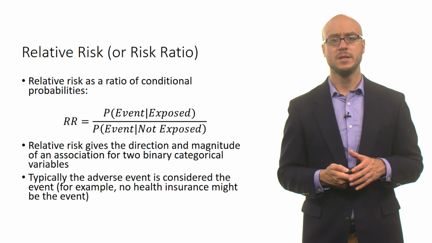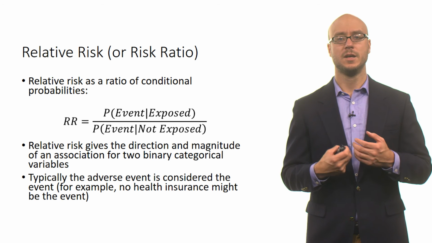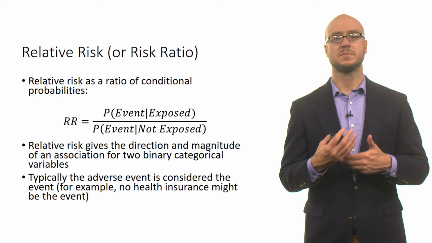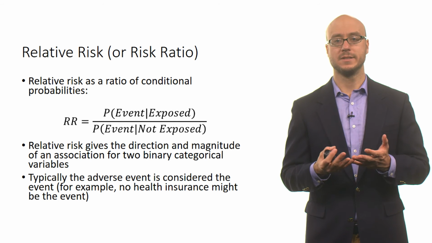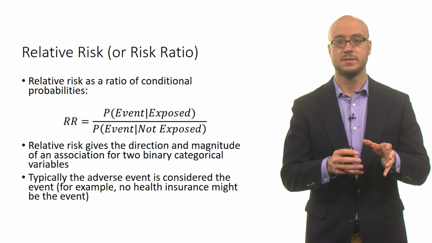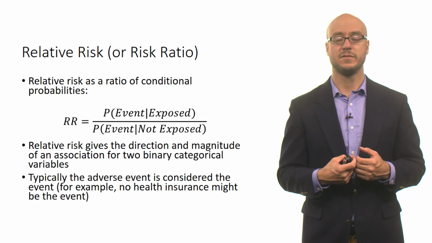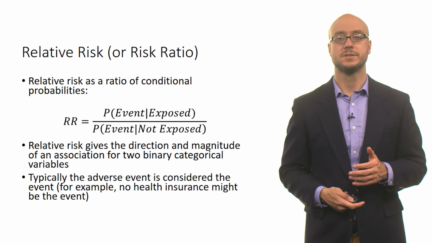Typically when we look at the event, we frame it in terms of some adverse event. You don't have to do that, but that's why they call it a risk. Because you might say, what's the probability of getting a disease, the event of interest, given someone in your social network also has that disease.